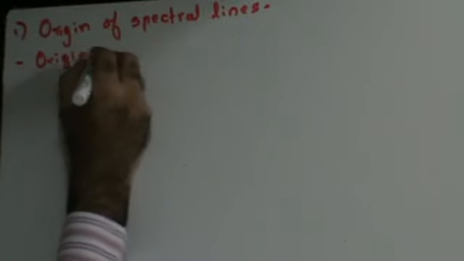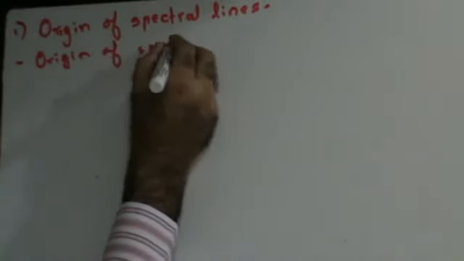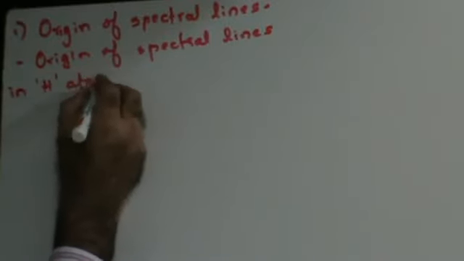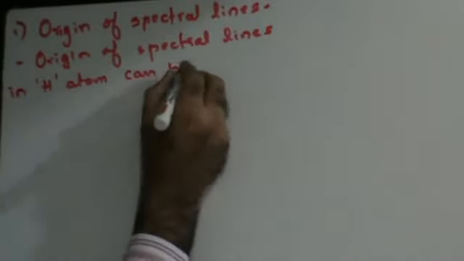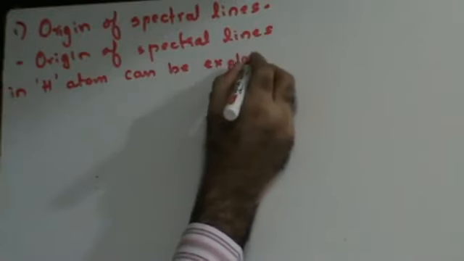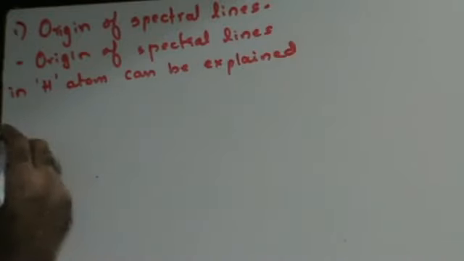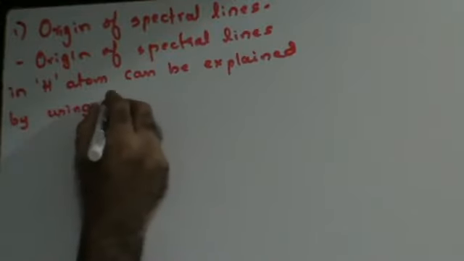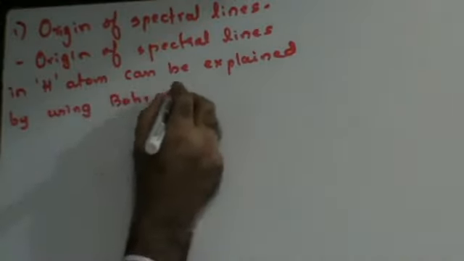Right? Now, when hydrogen atom, I'm going to consider for hydrogen atom first. Let's see the origin of spectral lines in hydrogen atom can be explained by using Bohr's atomic theory.